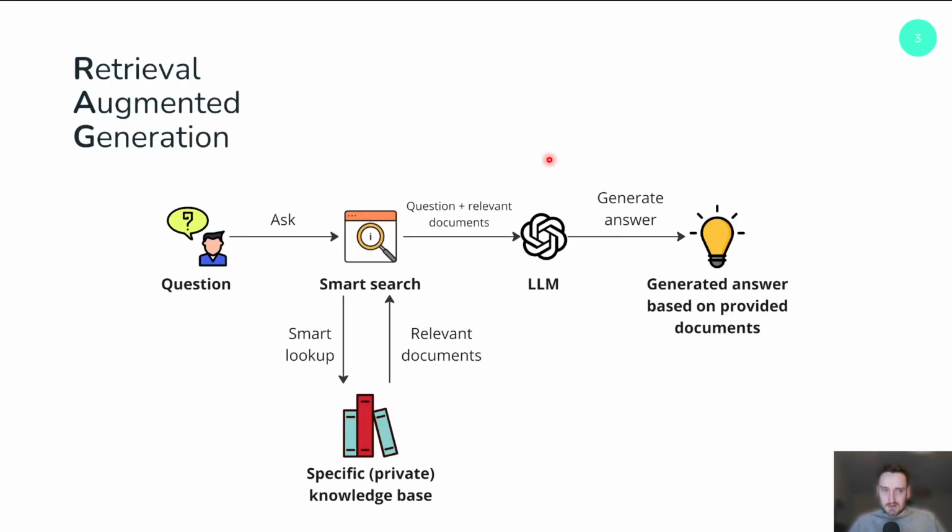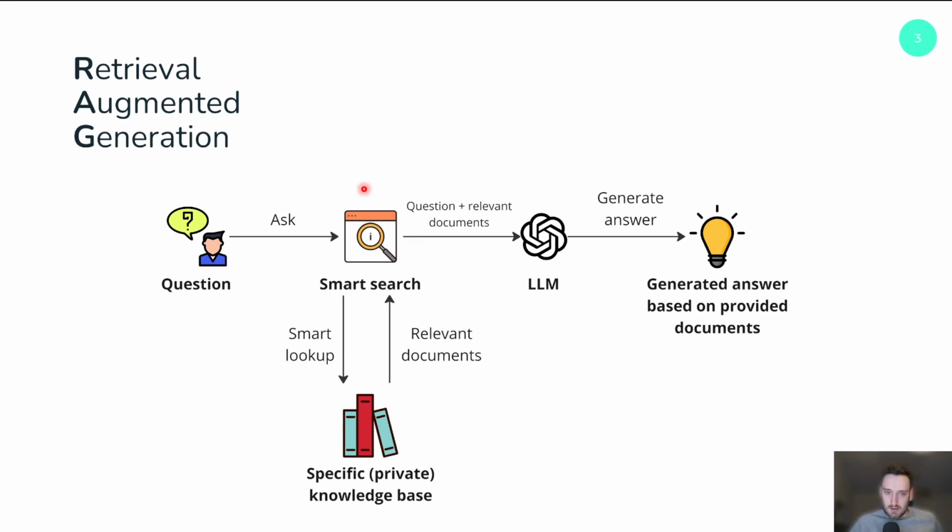I will briefly start by once again explaining the retrieval augmented generation principle. This is the same principle that Geert also talked about, but I will do a quick recap. Let's say a question comes in from a user. What we do next is we use a search algorithm to find documents that are relevant to answer the question from the user. So we're going to find related information about the question that the user is asking, and this is on your own specific knowledge base.